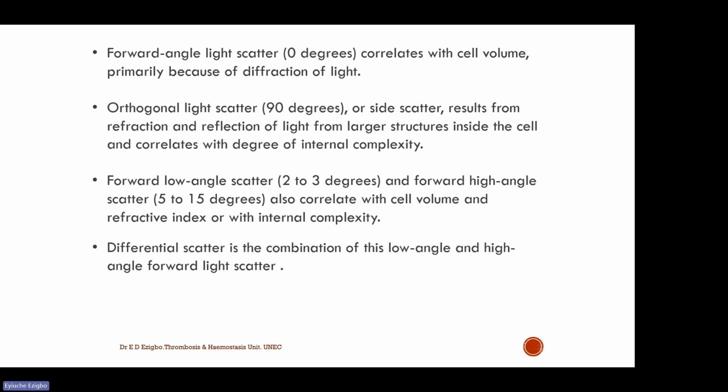Forward low angle scatter 2 to 3 degrees and forward high angle scatter 5 to 15 degrees also correlate with cell volume and refractive index or with internal complexity. Differential scatter is the combination of this low angle and high angle forward light scatter.